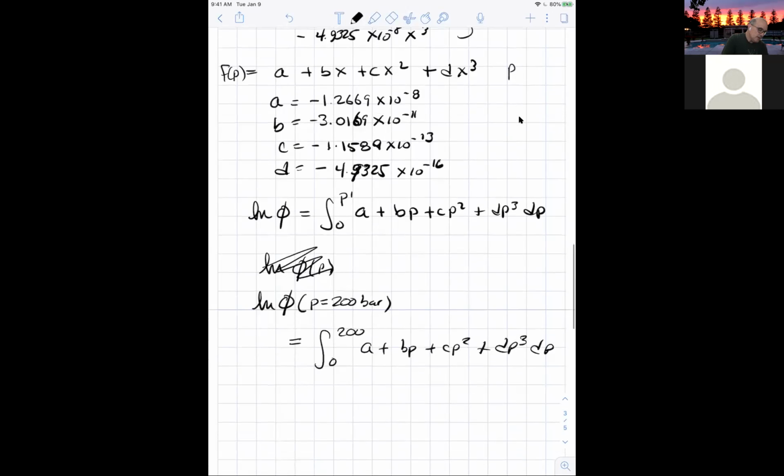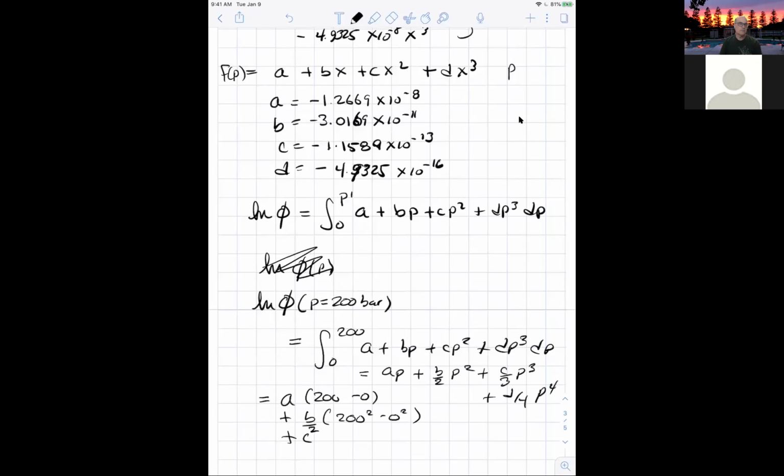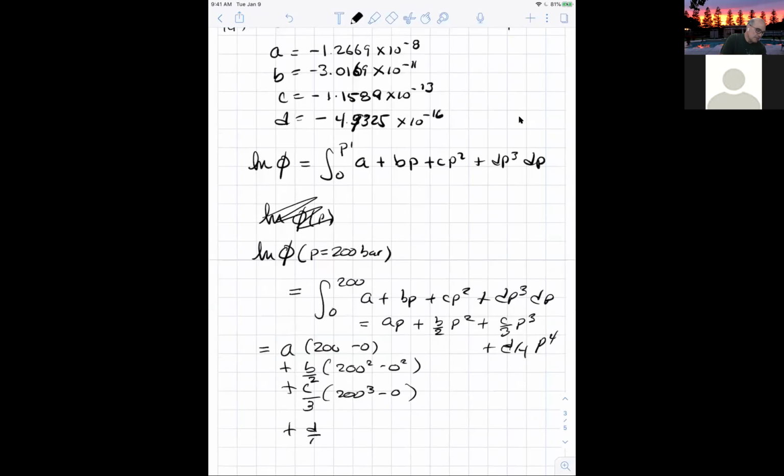In other words, it's going to be A times 200 minus 0, plus B over 2 times 200 squared minus 0 squared, plus C over 3 times 200 cubed minus 0, plus D over 4 times 200 to the fourth minus 0. That's the integration.